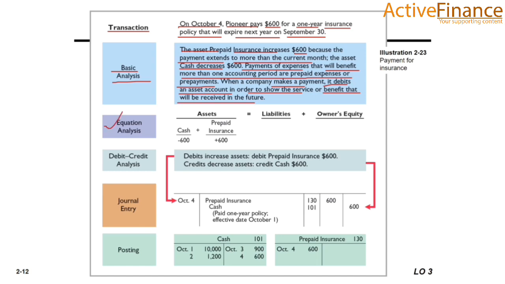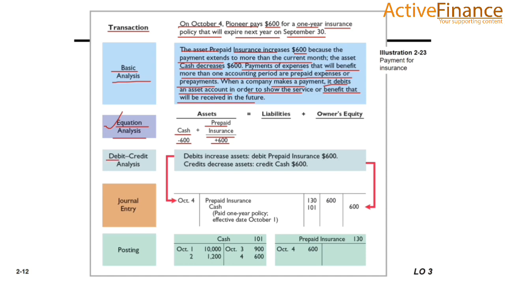So this is the second step in equation analysis, in which we will minus from the cash. There will be a dual effect on asset accounts. First, a decrease from the cash account because we are paying the prepaid insurance, and we will earn the prepaid insurance. That's why we will plus in assets 600.